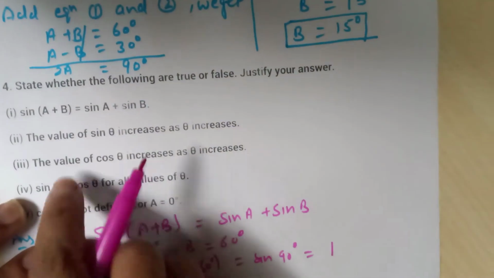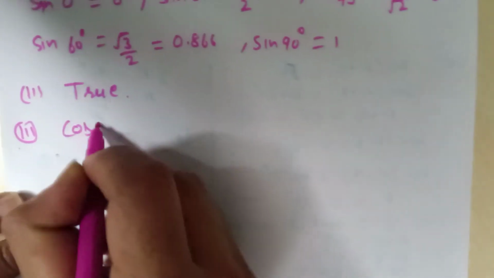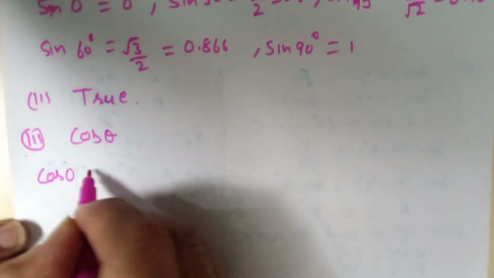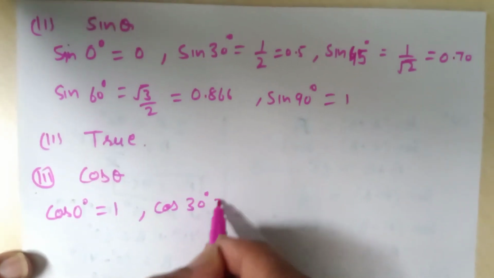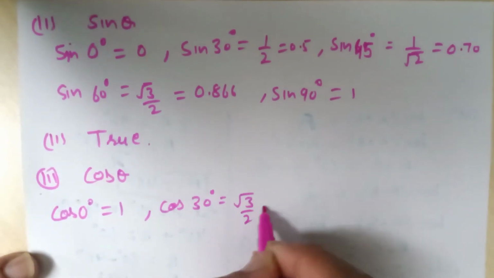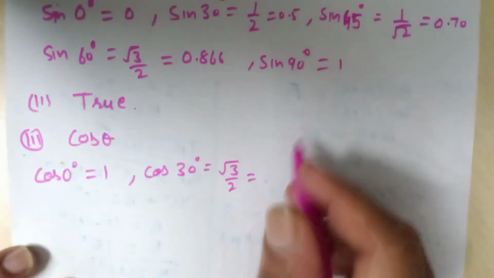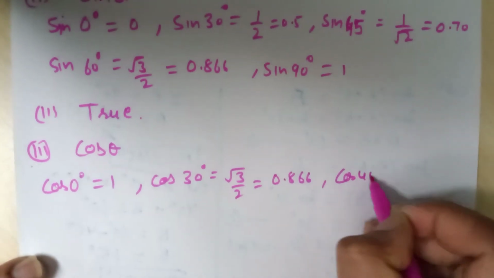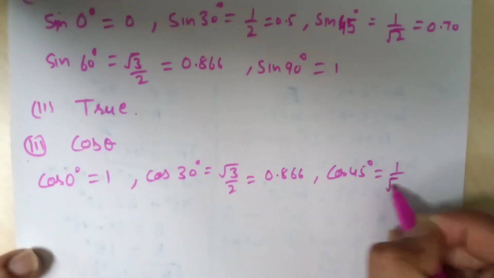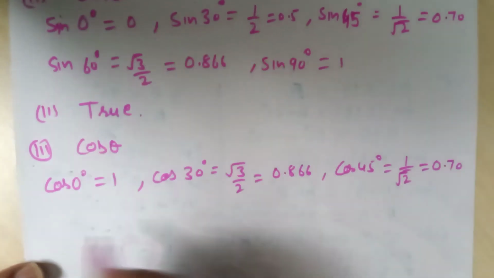Third part is the value of cos theta increases as theta increases. Let's also check it. Cos 0 is equal to 1, cos 30 degree is equal to root 3 by 2, and we know that value of root 3 by 2 is 0.866. Cos 45 degree is equal to 1 by root 2, which is 0.70.